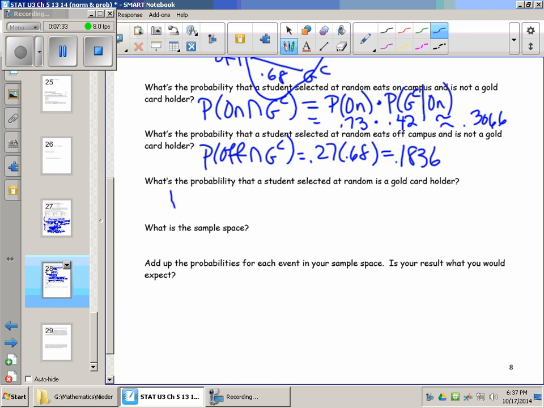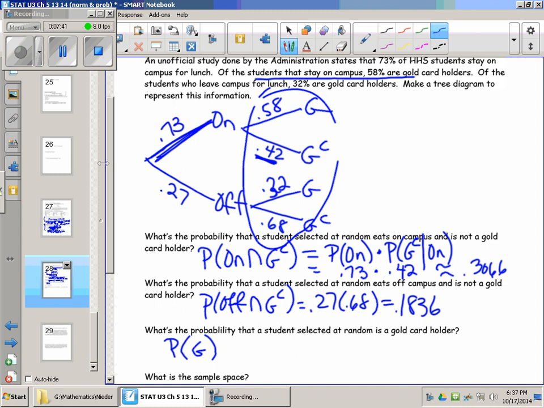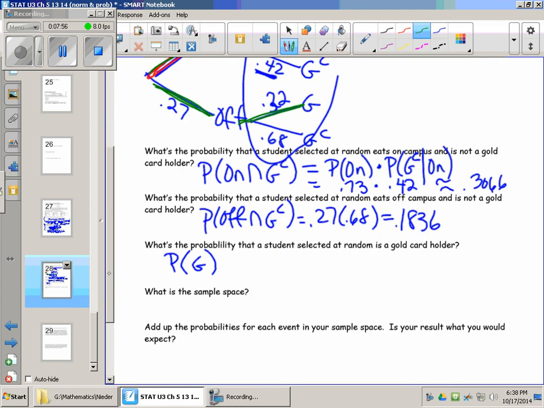Okay, so now we're just looking at the probability of being a gold card holder. All right? So there's different ways that can happen, right? You could eat on campus and be a gold card holder. So it could be these people. Or you could eat off campus and be a gold card holder, right? These or the red or the green, right?